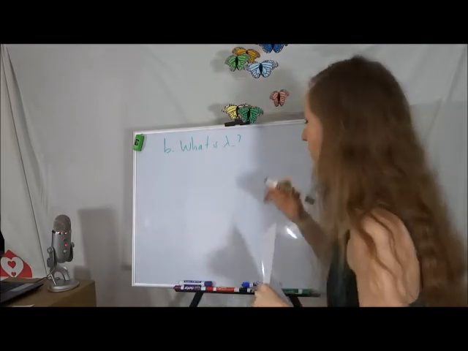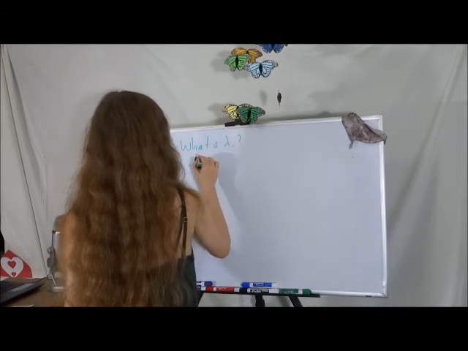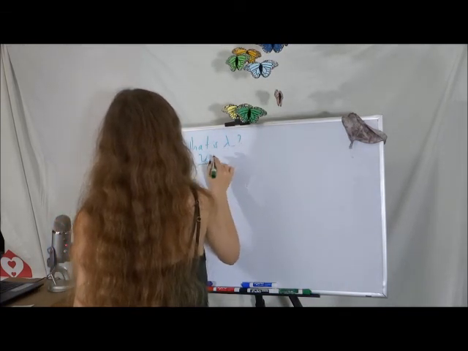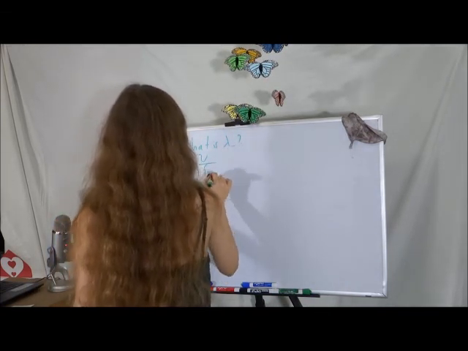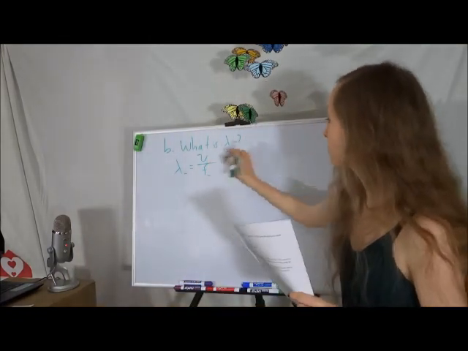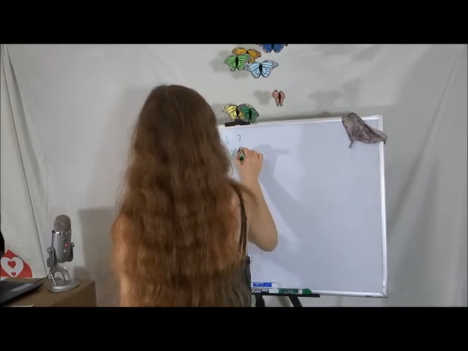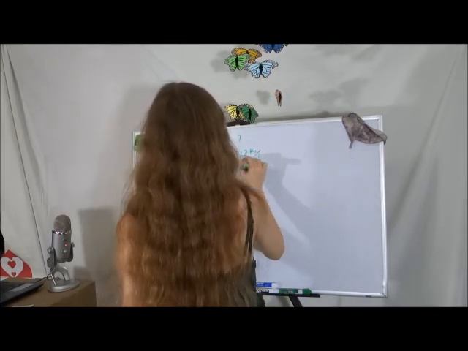Well, we'll think back and recall that our wavelength is equal to our wave speed divided by our frequency. So here, our wave speed, well, this is sound that's traveling, so we're going to have the speed of sound, so 343 meters per second.